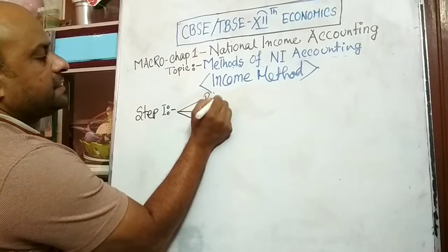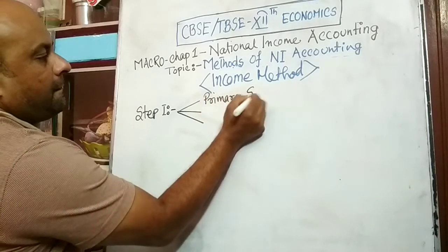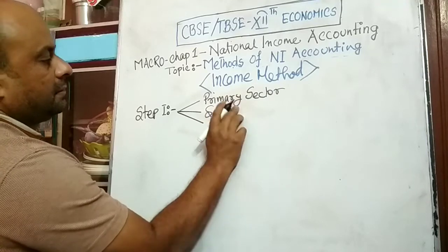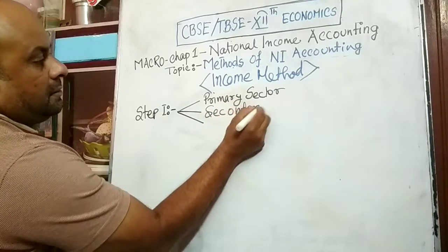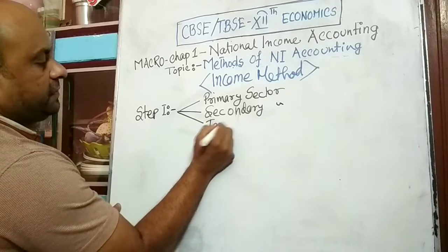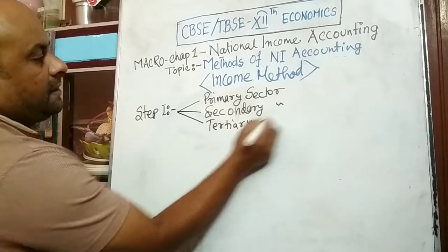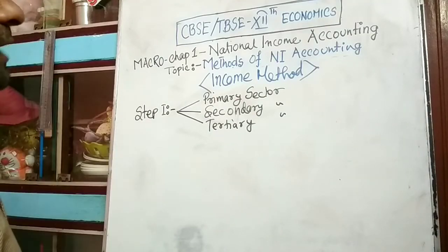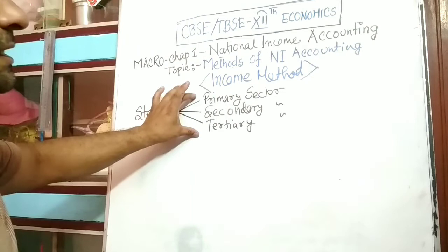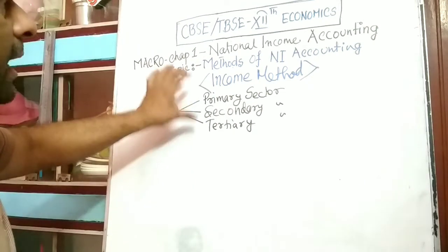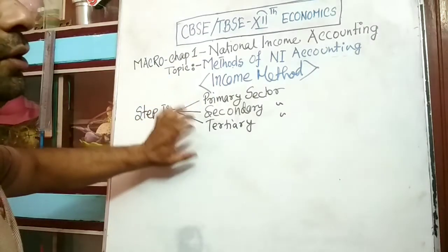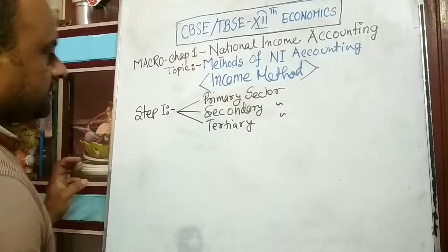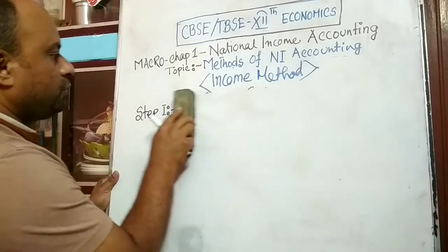One is primary sector, secondary sector, and tertiary sector. These are the three sectors. From these three sectors, the factor incomes are generated. So we have to first identify the sector. All the production of the economy is done either in primary or secondary or in tertiary. So income is also generated from these three sectors. This is step 1.